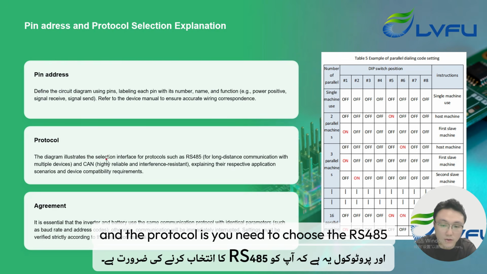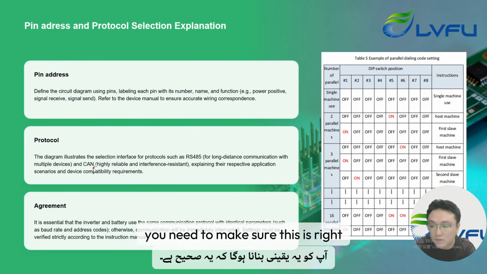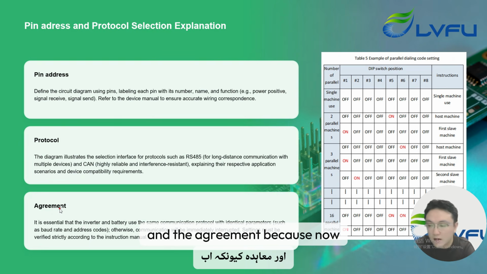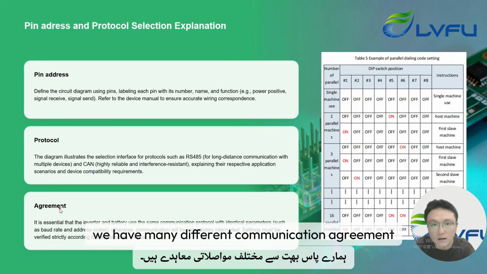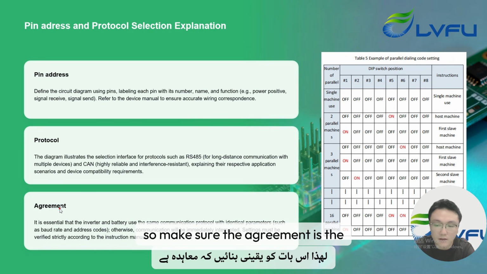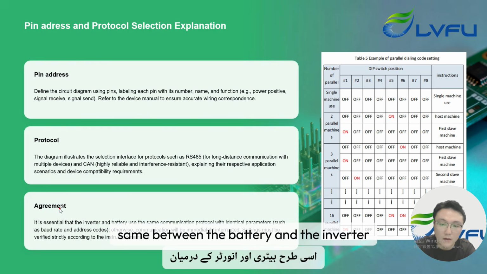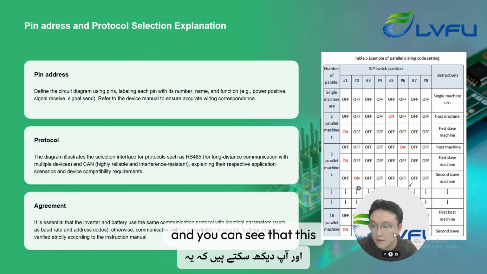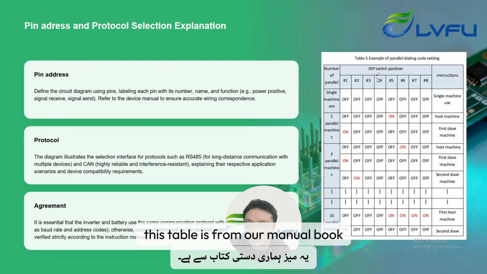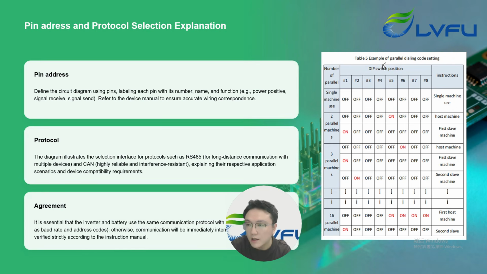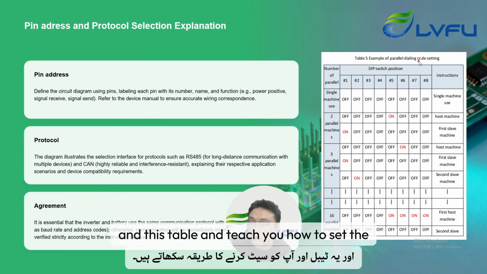For the protocol, you need to choose RS485 or the CAN port, and make sure this is right. For the agreement, because now we have many different communication agreements, make sure the agreement is the same between the battery and the inverter.